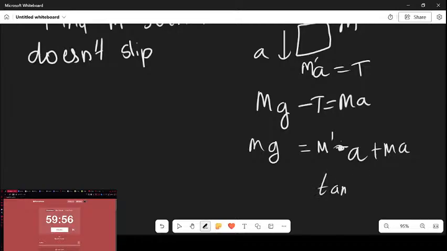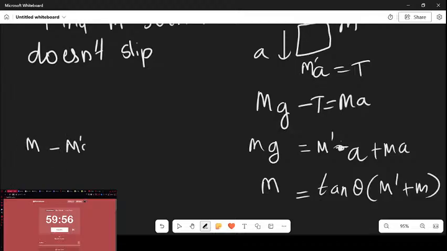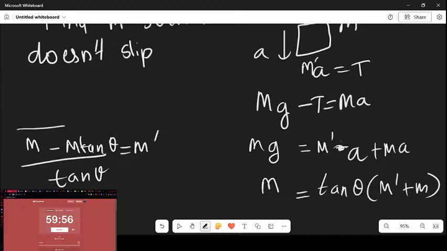So I can take tan theta common here. M dash plus m is equal to m over tan theta. Now m minus m tan theta divided by tan theta is equal to m dash. So this should be the mass.